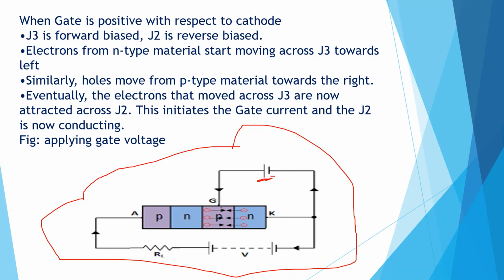Electrons from N type will start moving across J3 towards the left. Similarly, holes from P type material will move towards the right. Eventually the electrons that moved across J3 are now attracted across J2. This initiates the gate current and the J2 is now conducting.